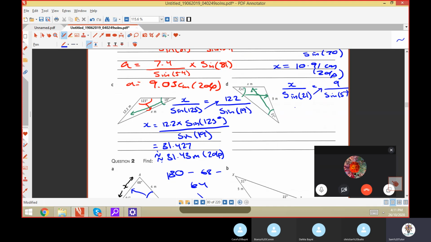You multiply, so that goes up. And to be honest, girls, it's very mechanical work. Once you know the formula, you can just punch it right into the calculator. 9 sine 21 all over sine 57. And then you get 3.845.